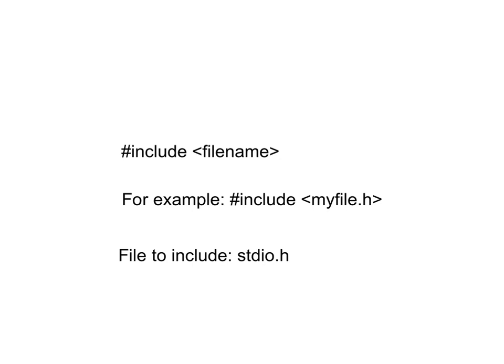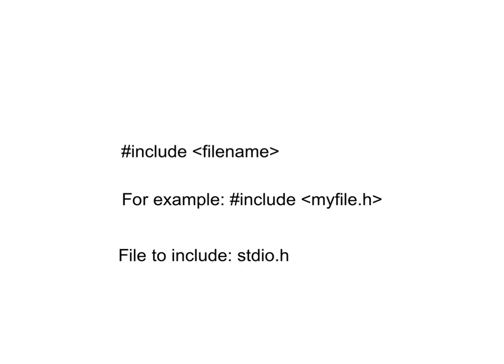So take a look at this. Here's the syntax you use. Pound sign include file name. This is an example where the file name is myfile.h, and this is the actual file that you need to include. Now, this file, stdio, that's short for Standard Input-Output, and the reason that you're going to be including this file specifically is because it contains the input-output functions, which include the functions that allow you to print text to the screen.